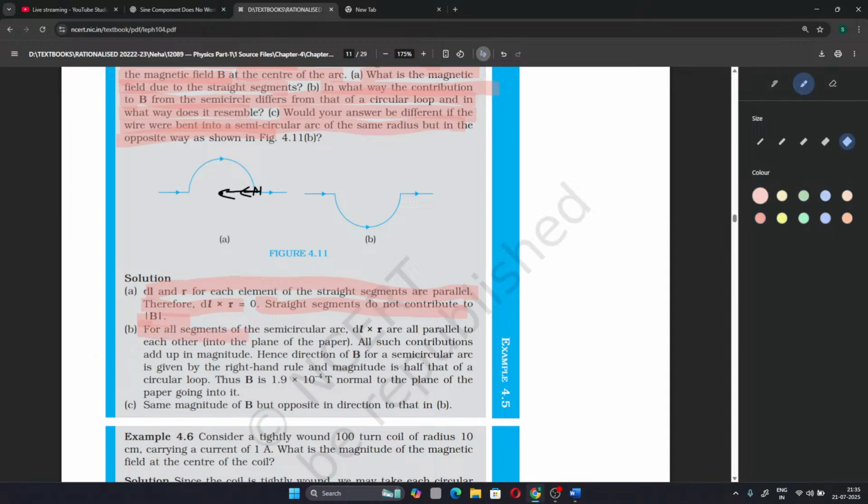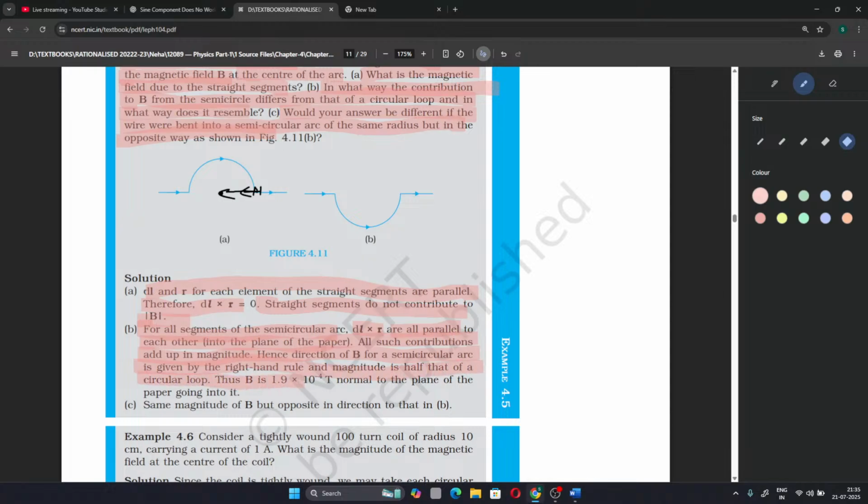For all segments of the semicircular arc, dl cross r are all parallel to each other, into the plane of the paper. All such contributions add up in magnitude, hence the direction of B for the semicircular arc is given by the right hand rule, and the magnitude is half that of the circular loop.